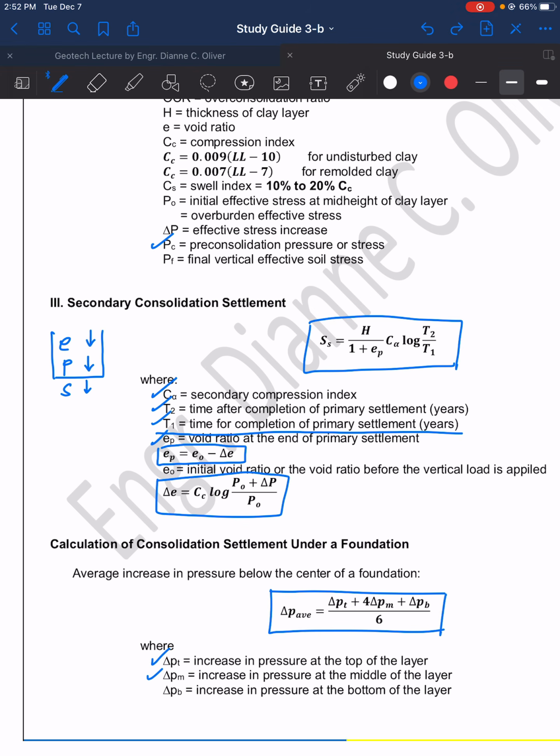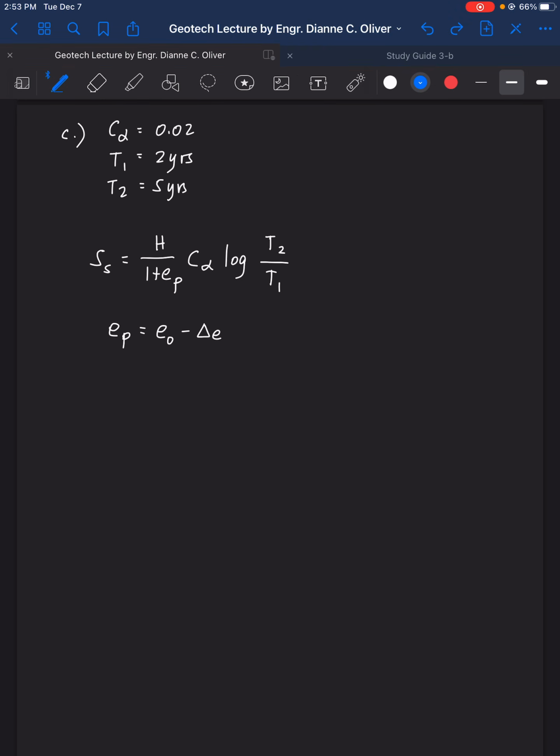So we have also another formula here for delta e, that is C sub c log of p sub o plus delta p over p sub o. So delta e is equal to C sub c log of p sub o plus delta p over p sub o.